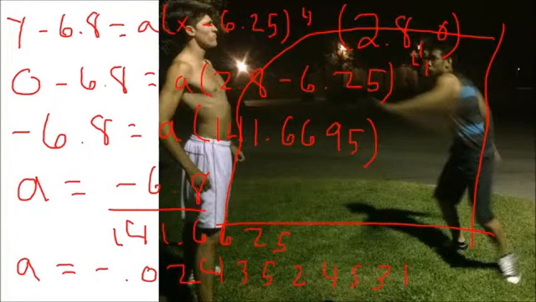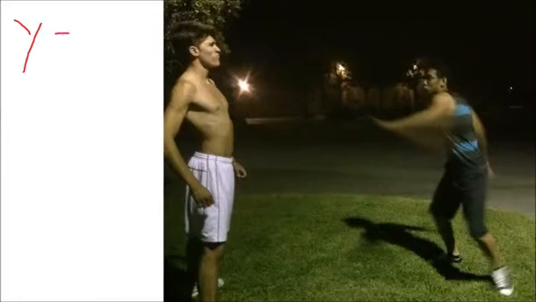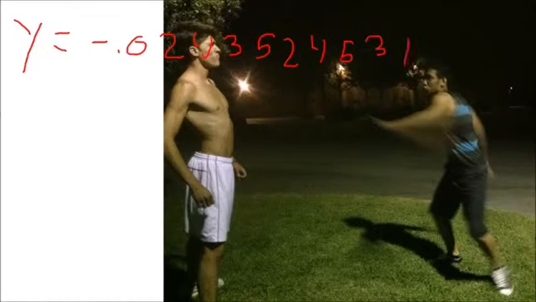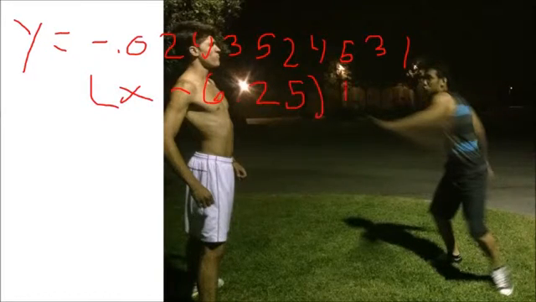Then finally, you take the a value, then you go to the equation y equals negative 0.02435245531 times the quantity x minus 6.25 to the 4th degree plus 6.8.